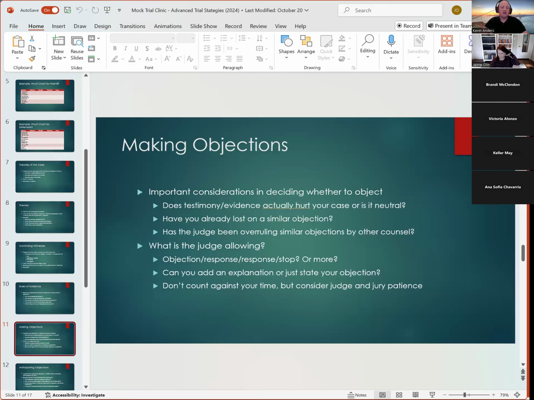So just know that an extended back and forth is not going to be forthcoming. You have to be able to clearly and succinctly present whatever you're objecting to and why, and go from there. But yeah, everything Jamie said, I agree with.